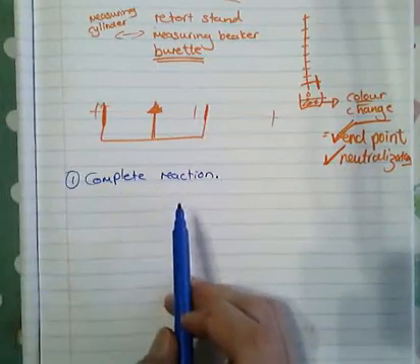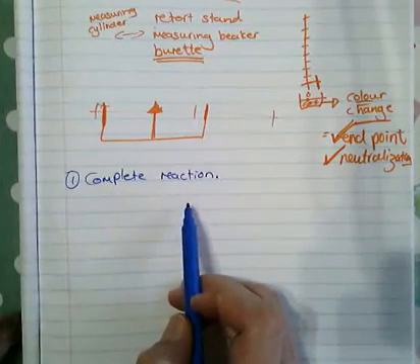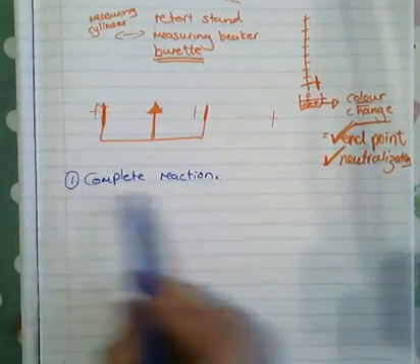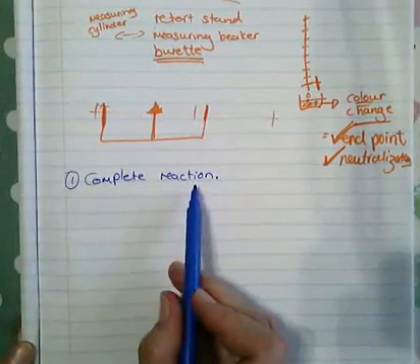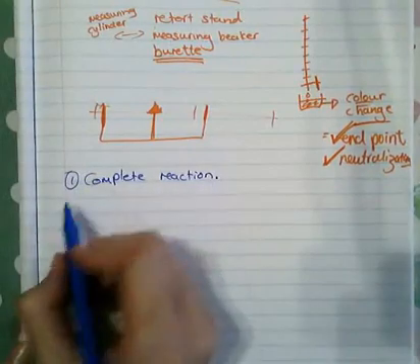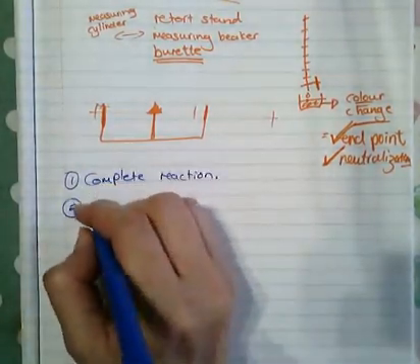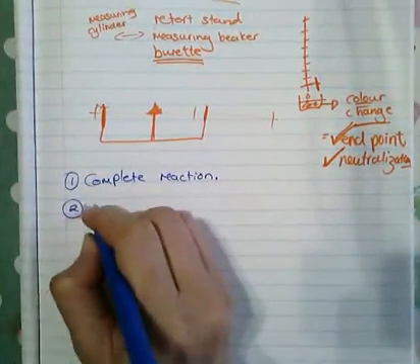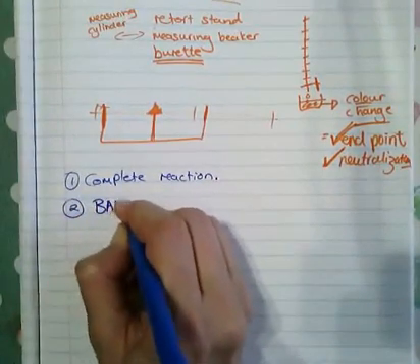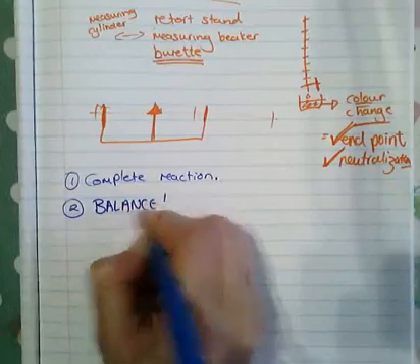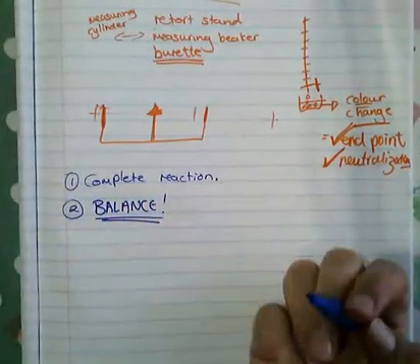Okay, because a balanced reaction tells us if A reacted with B to form C and D, what were the ratios that they reacted with. Let's say the ratio was 2 to 3, and there we also had 2D that formed, right?